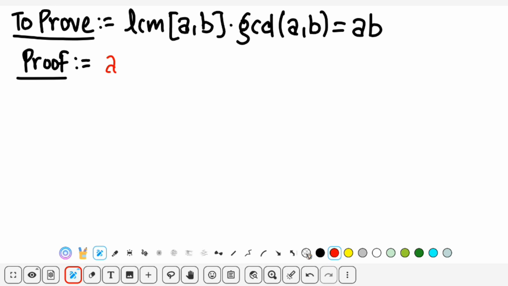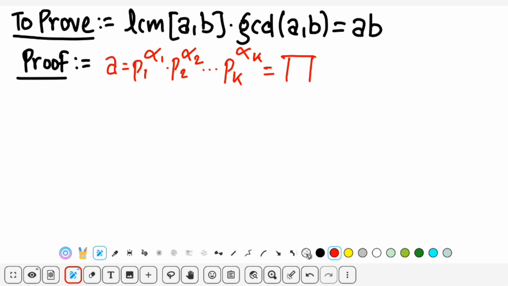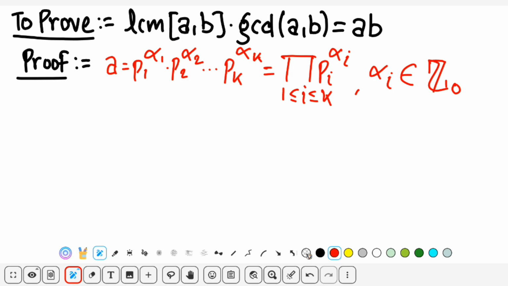So A equals, we can write A as the product of primes raised to some power: P1 raised to the power alpha 1 times P2 raised to the power alpha 2 dot dot Pk raised to the power alpha k, and you can write this in product form like this: 1 less than equals to I less than equals to k Pi raised to the power alpha I, where alpha I belongs to non-negative integers.